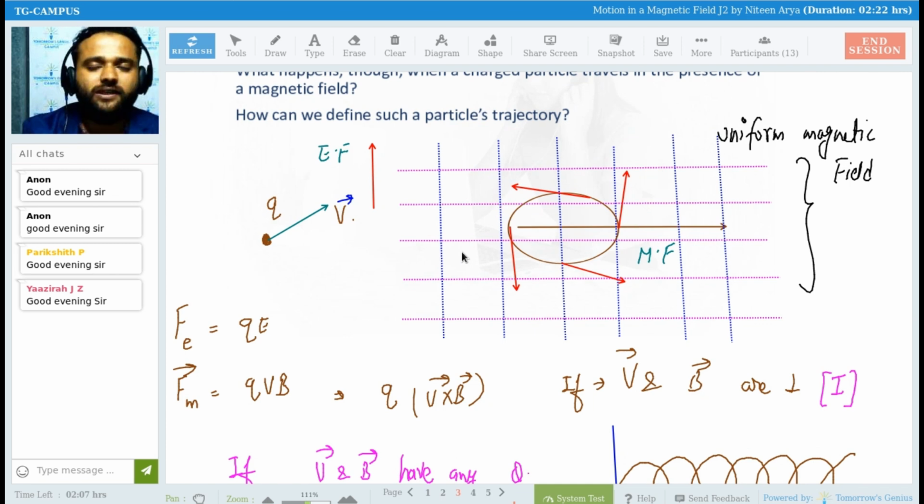Why so? Because the force QVB is going to be equal to mv square by r. We're going to do a detailed study of this.